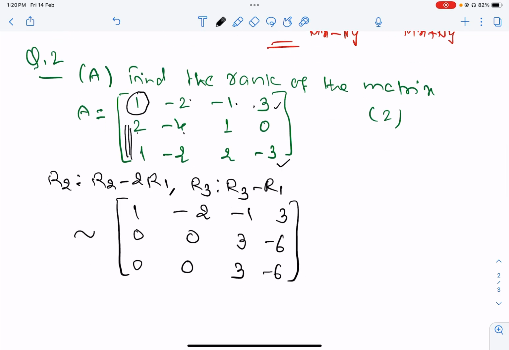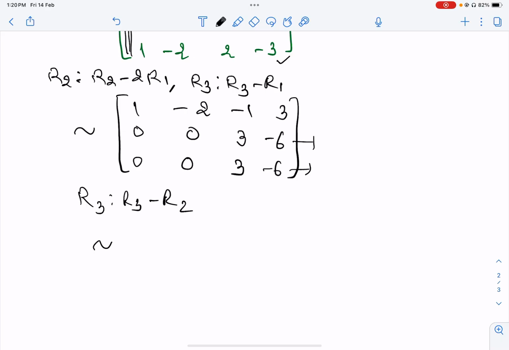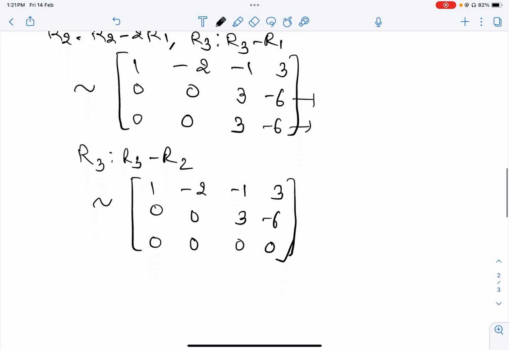Now here you can see that the second row and third row are the same, so let us make the third row to be 0, like R3 minus R2. So you'll have 1, -2, -1, 3, 0, 0, 3, -6, this is 0, 0, 0, 0.